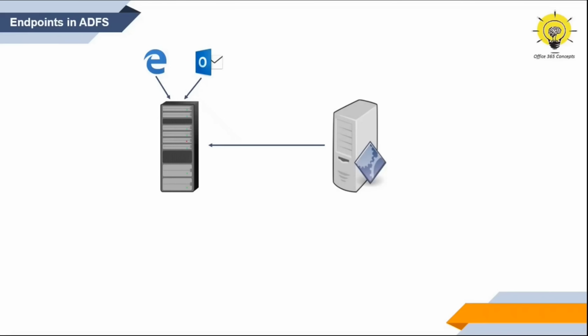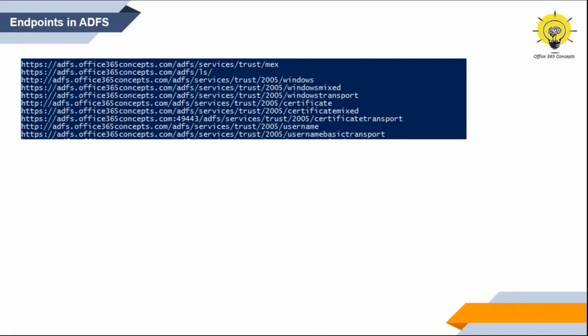ADFS identifies these types of requests with the help of endpoints. When we install ADFS, a few endpoints are created automatically. You can access these endpoints either from the ADFS Management Console or you can run Get-AdfsEndpoint and this will list all of the endpoints of your ADFS server.